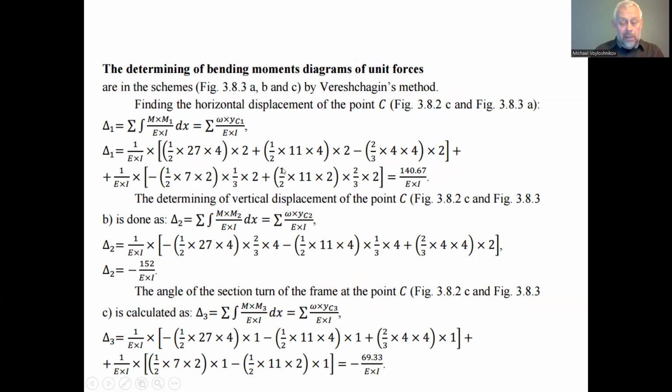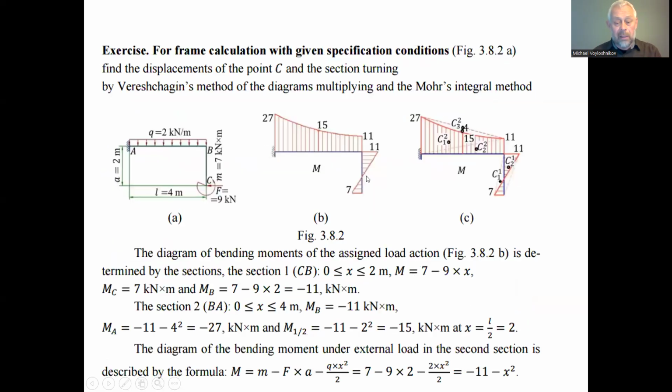The second one is the area of the second triangle in the decomposition of this diagram of the bending moment and action of the external forces.